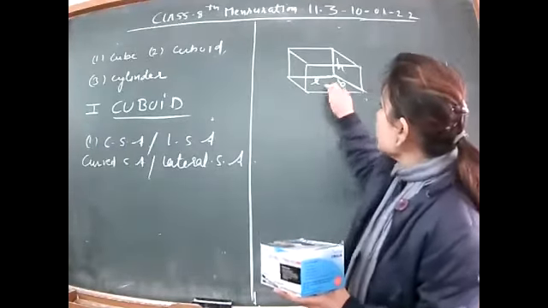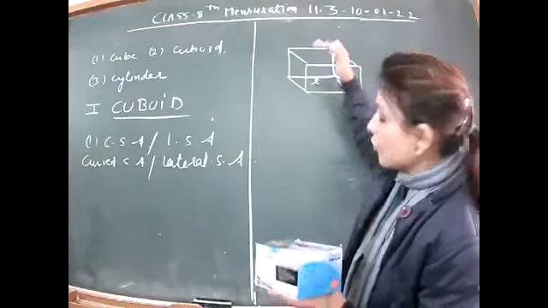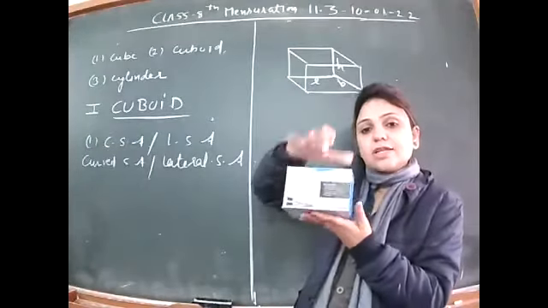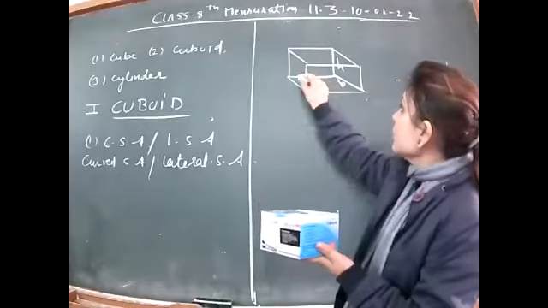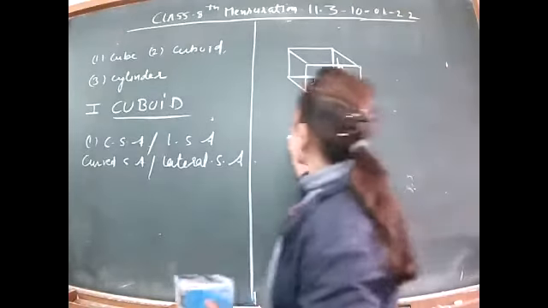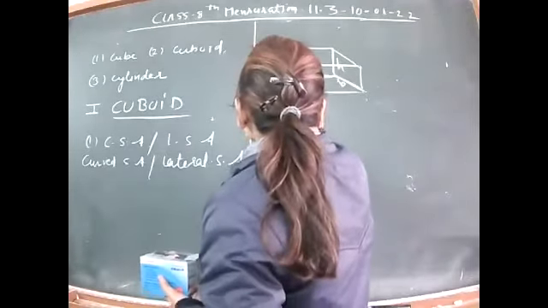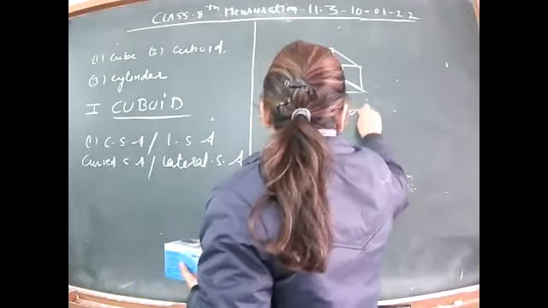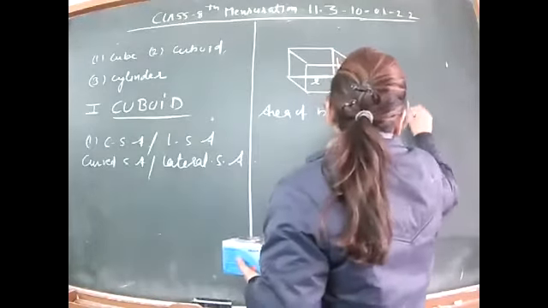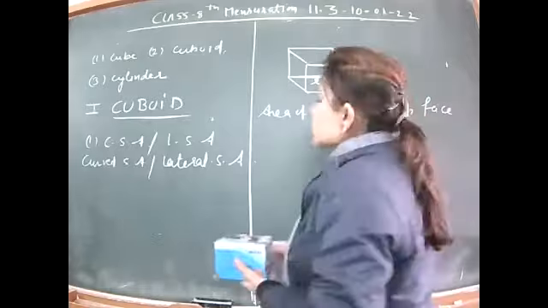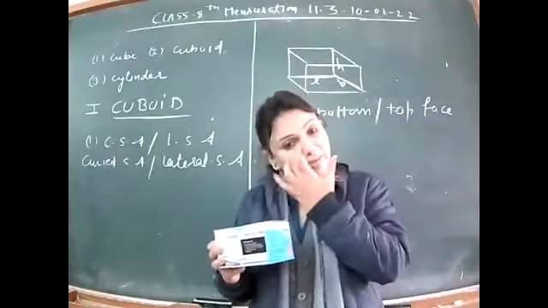If I talk about this bottom and top face, this is the bottom face and this is the top face. This bottom face is including L and B. So what will be area? Area of bottom and the top face. And you know, in case of cuboid, each face, it is having which shape?